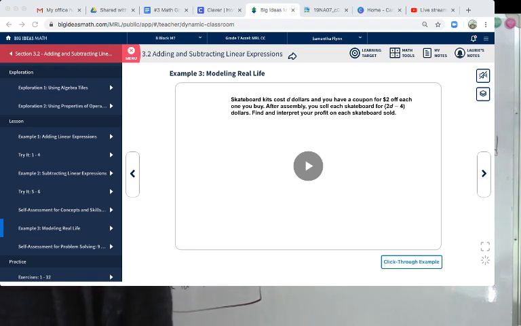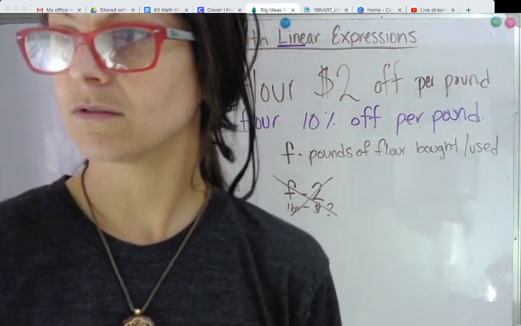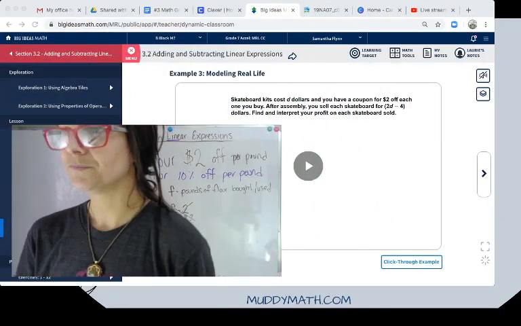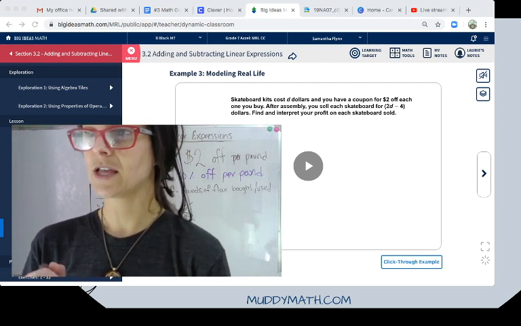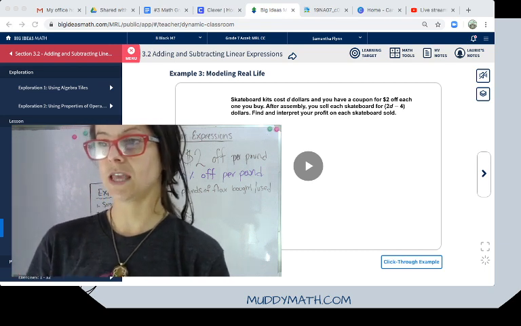A skateboard costs $D for the kit. You have a coupon for $2 off each one you buy. After assembly, you sell each skateboard for $2D minus 4. So the cost is D. So when you sell them, you are selling them for double what you bought minus $4, or double what the original cost of the skateboards were.